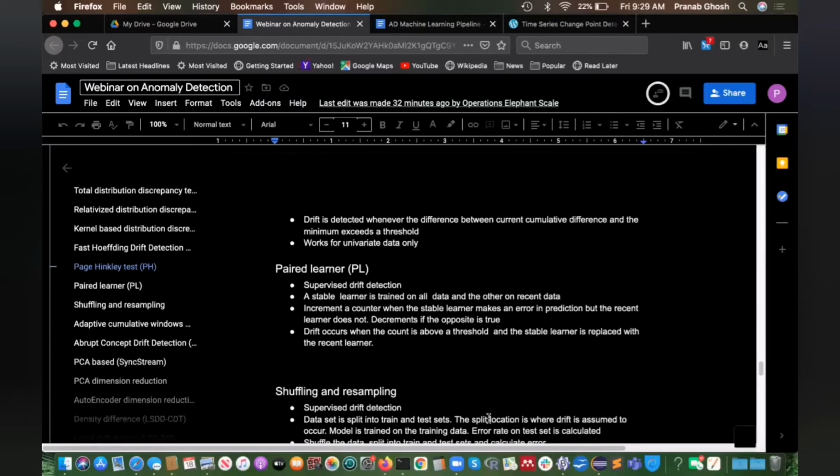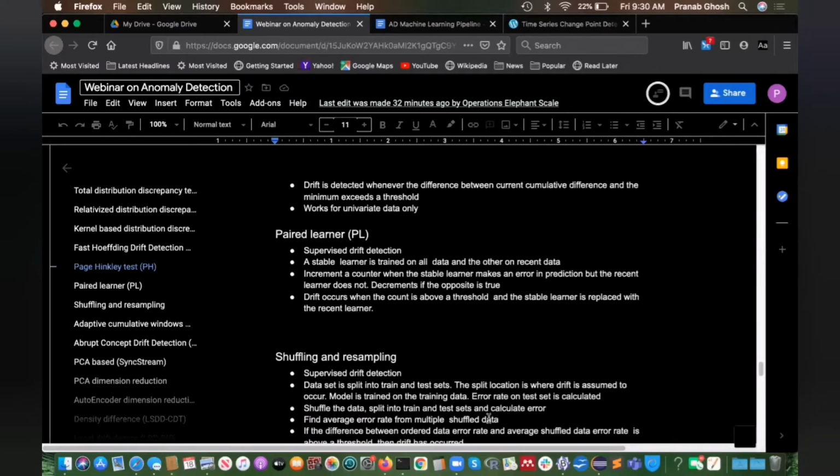You also build another model based on the recent data, and then you maintain a counter. When you're making predictions with the recent data, you have a sliding window. You slide the window and build a model, but your model based on the historical data, called the stable learner, doesn't change. That's still the same.